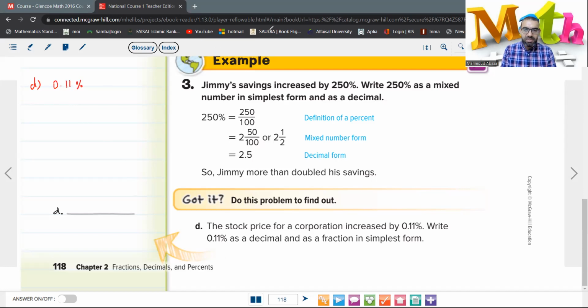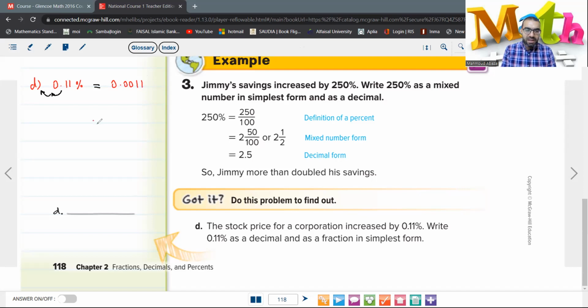We need to cancel the percent sign, so we move the decimal to the left 2 places. So this will be 0.0011.